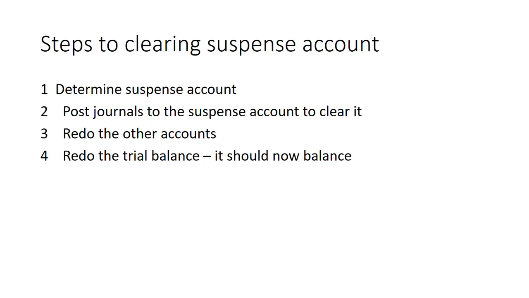So instead of the bank overdraft being 7,847, it is 8,297. Instead of the sales being 84,567, it's 84,837. So those are there. That then clears that suspense account and the trial balance balances. So that's what they've done in that case study, and that's how that works.